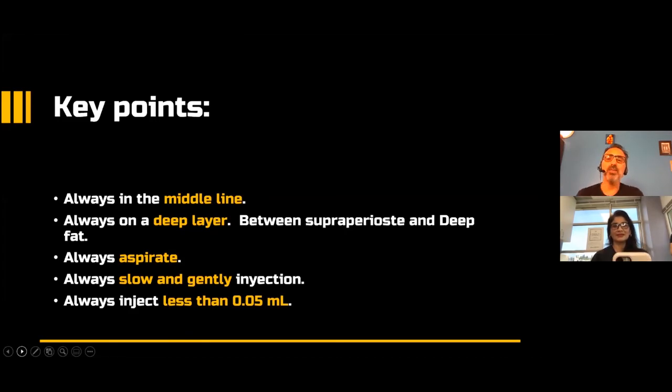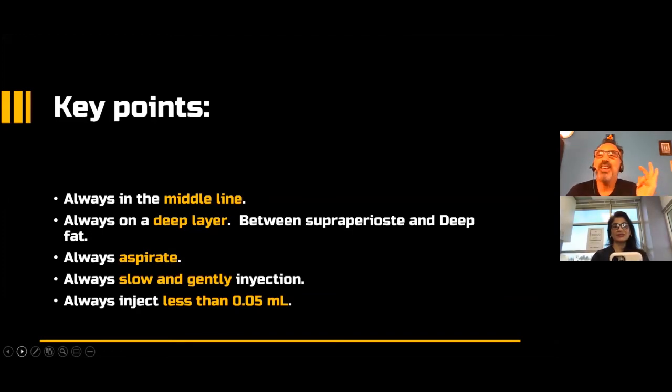There is an amazing piece of research looking at the supratrochlear artery and how much volume you need to occlude it. The average amount needed to stroke the supratrochlear artery is 0.08, but the range is between 0.04 and 0.12 ml.